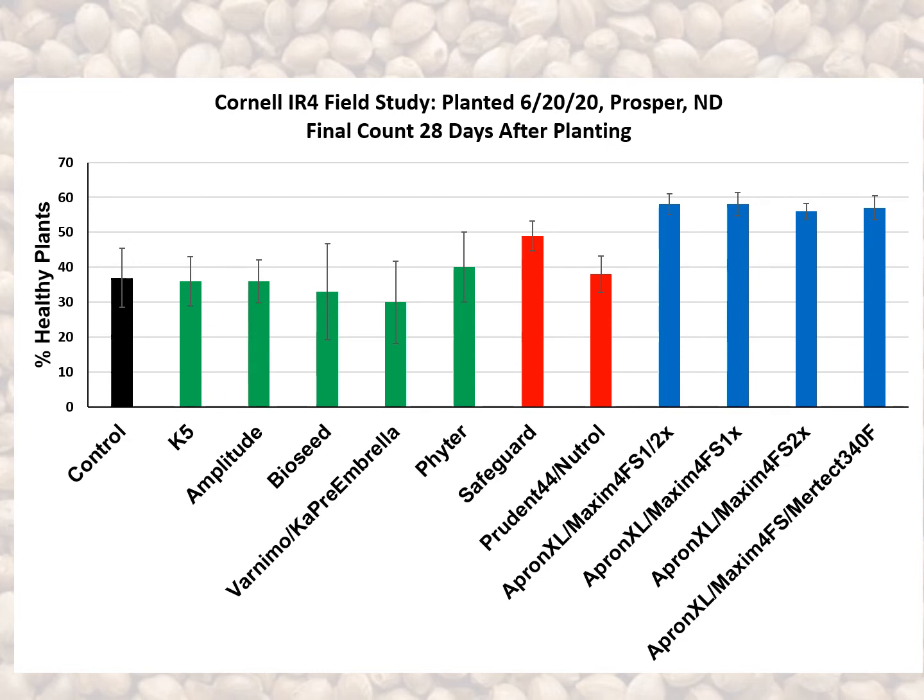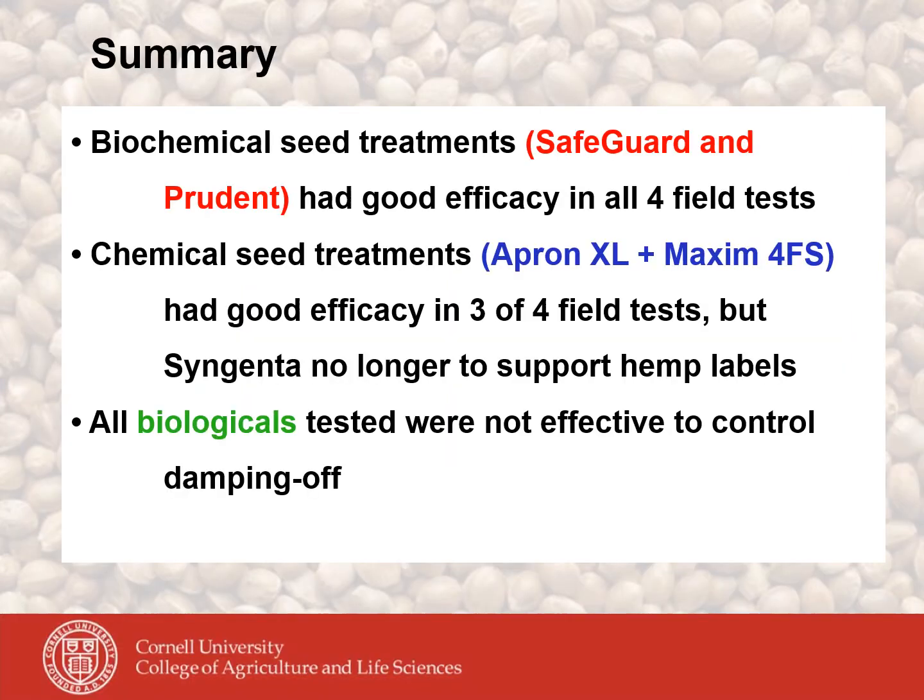But still, we're seeing, for example, Safeguard doing a nice job. So we're gathering information now, and the very good picture is that we're seeing some consistency in our results from field to field and from location to location within the regions of the United States.